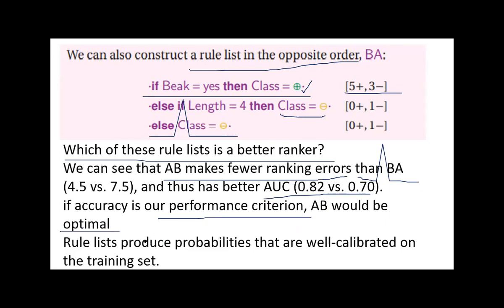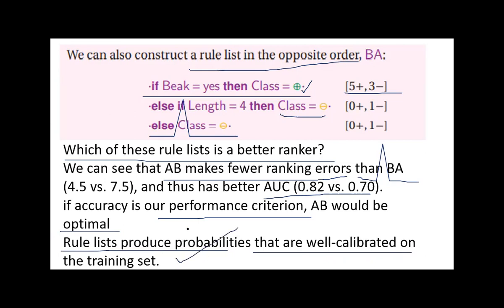Right? Now, this is how ranking is derived. Rule lists produce probabilities that are well calibrated on the training set. This is the conclusion.